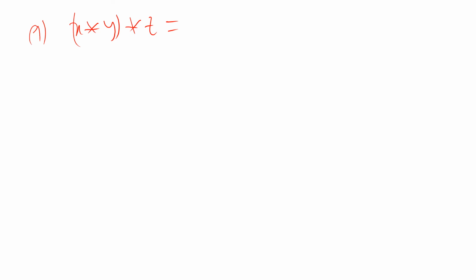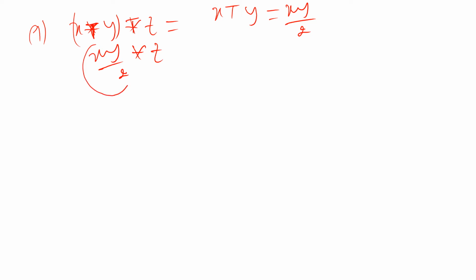Remember that the definition is x T y is equal to xy over 2. Now x T y is xy over 2. Now T z. Here we have to take this as x and this one as y. Following the definition x T y equals xy over 2, we get xyz over 4.